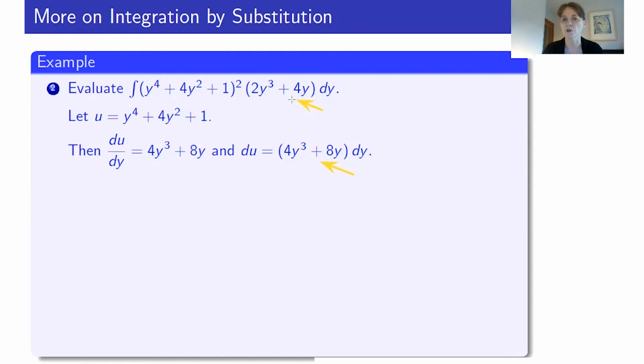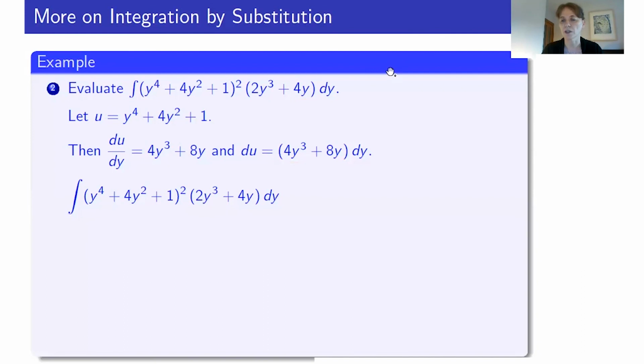We see if we were to multiply our 2y cubed plus 4y by 2, then we would get 4y cubed plus 8y. So we can try that.